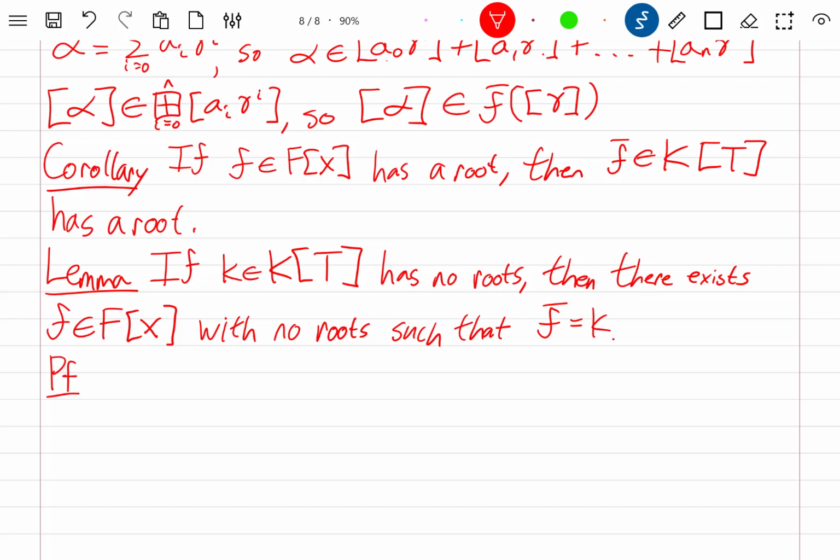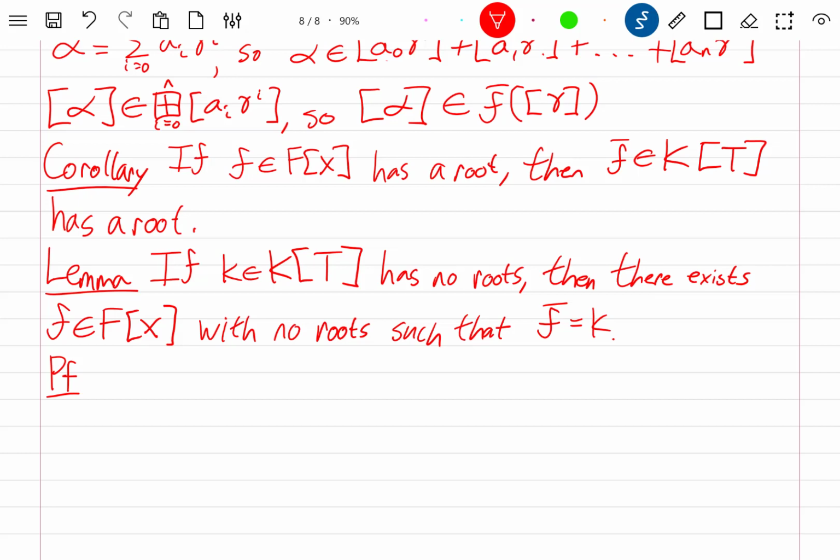So this is this lifting procedure that I mentioned. If I have my polynomial over my hyperfield with no roots, I can find a polynomial over my field that also has no roots, such that when I look at the induced polynomial in the hyperfield setting, it's the same.